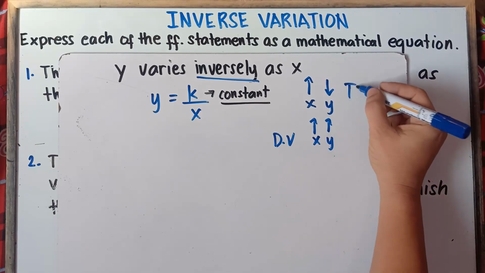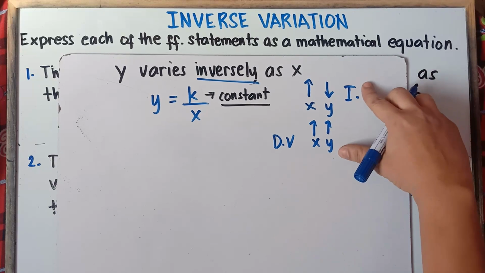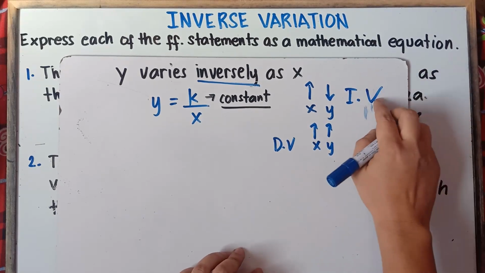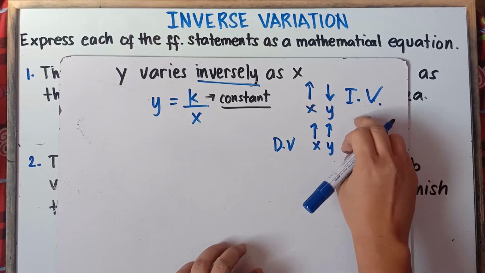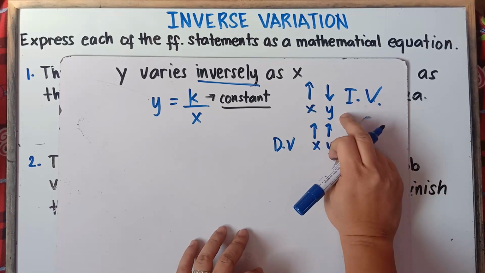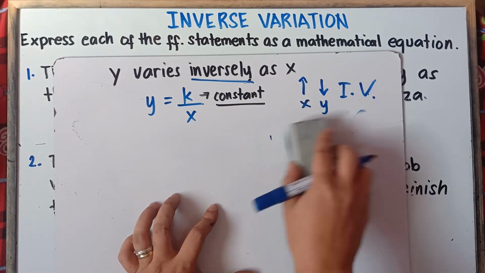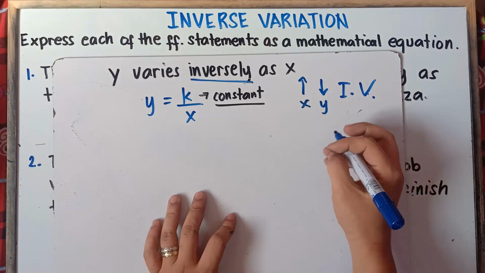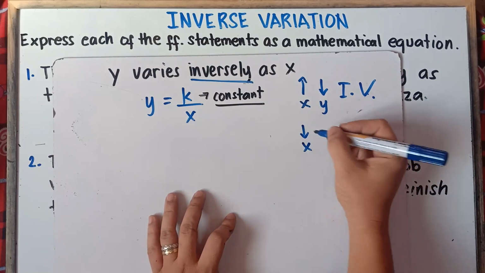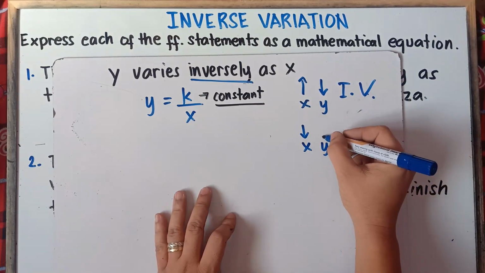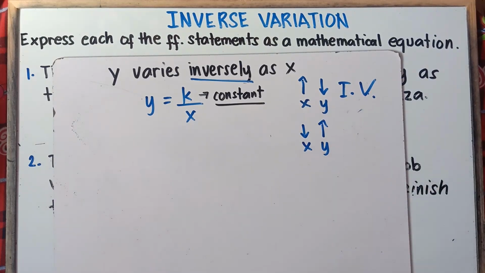But in inverse variation, if your x value increases, your y value decreases. Therefore, if your x value decreases, your y value will increase. So that's always the opposite direction, class.